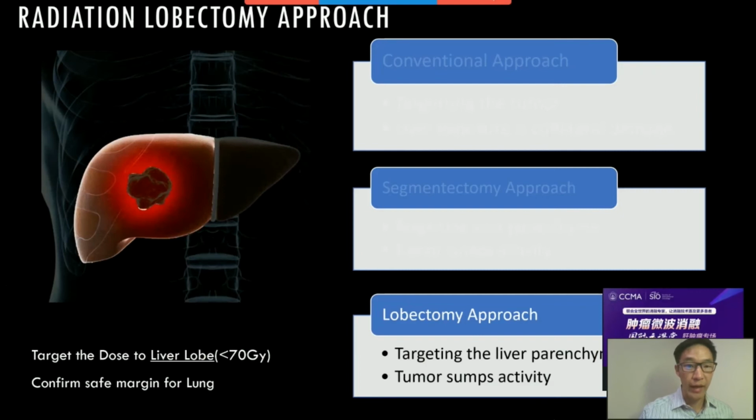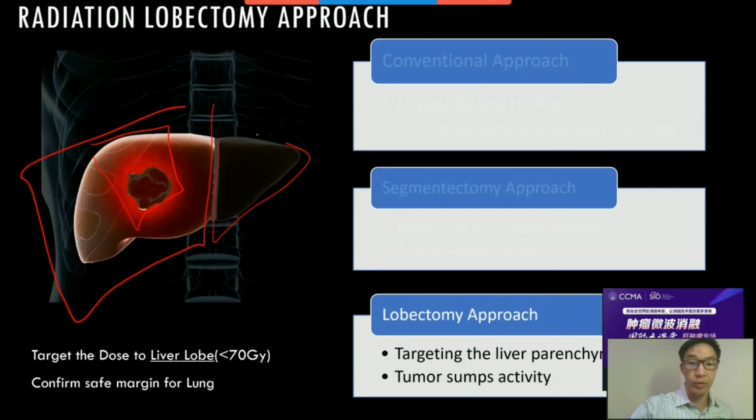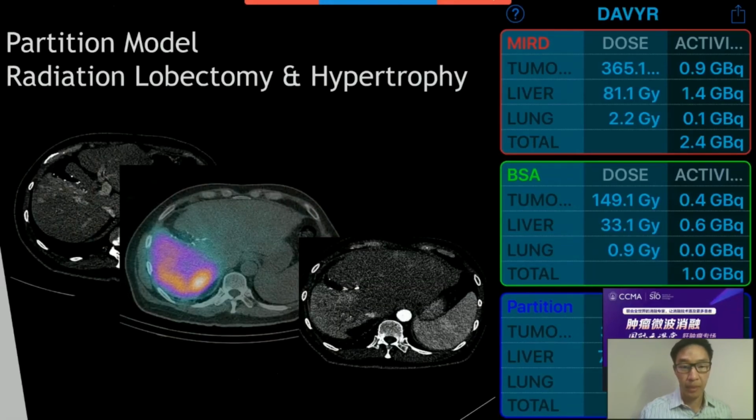Finally, in a radiation lobectomy approach, it's a very similar approach to the segmentectomy that I previously described, only in this case, what we're doing is we're going to be targeting a lobe of the liver. We have to ensure that the patient has enough hepatic reserve for the contralateral lobe to compensate, but essentially the same approach. We target the liver and then we confirm a safe margin for the lung.